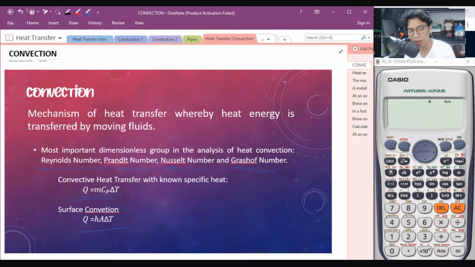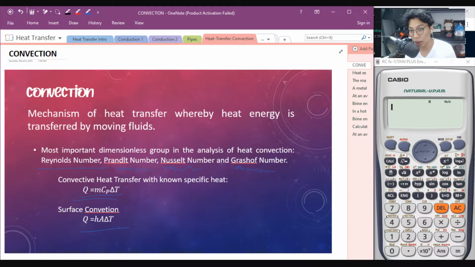Now, let's get back with convective heat transfer with known specific heat. So, dapat alam mo yung specific heat of the material that has been undergoing convective heat transfer. Number 1, ano mga common dyan? The constants there are for air, for water. Sa water, the same lang yung kanyang specific heat at constant volume and specific heat at constant pressure.